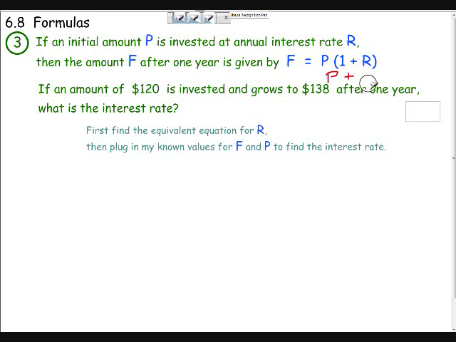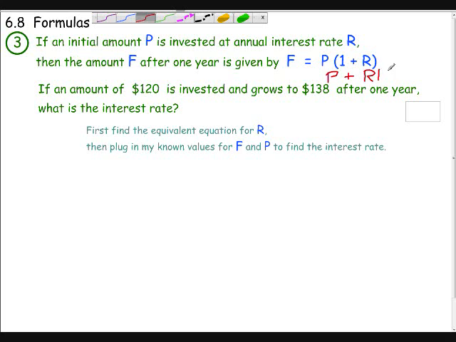And my principal plus my interest is the same as saying, how do we figure my interest? Figure my interest with interest rate times the time, which is only 1 year, right?